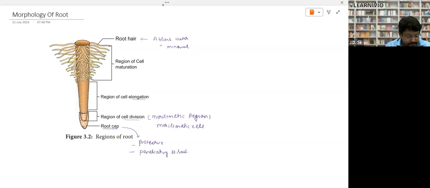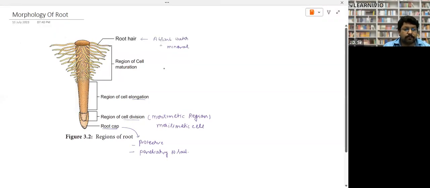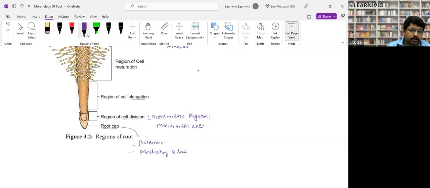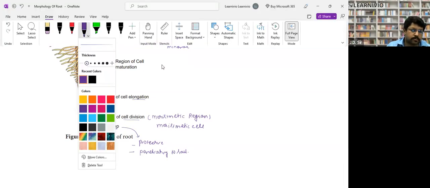Clear? Yes, sir. So please start writing. Give the heading morphology of root. Look, the first subheading should be... we have divided root into further parts.